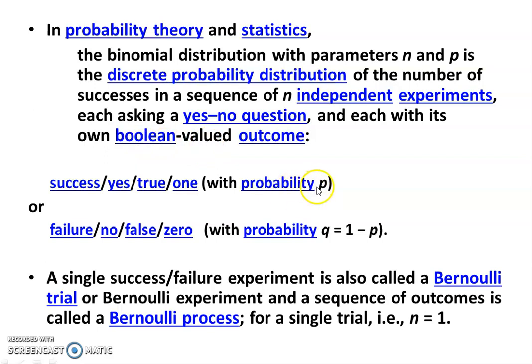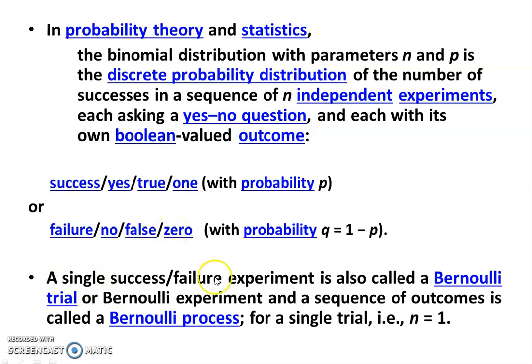The probability p, small letter p, is the condition for success, yes, true, 1. And the probability q equal to 1 minus p represents the failure, no, false, 0.